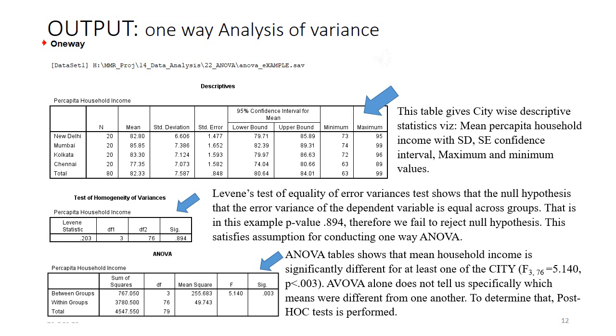Here it is written that the analysis of variance table shows the mean household income is significantly different for at least one of the cities, with p-value less than 0.003. Therefore, from the analysis of variance alone we cannot judge, so we have to conduct the post hoc test.